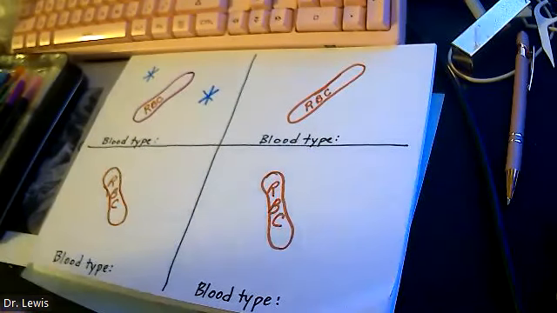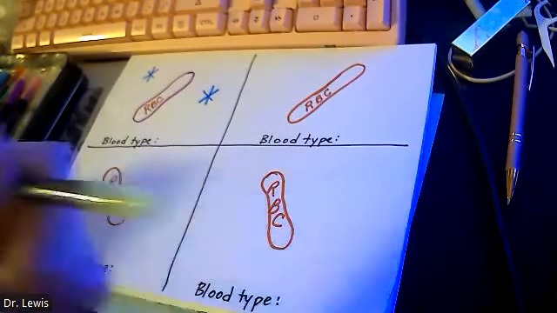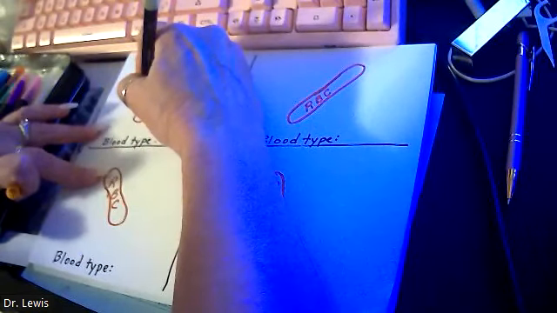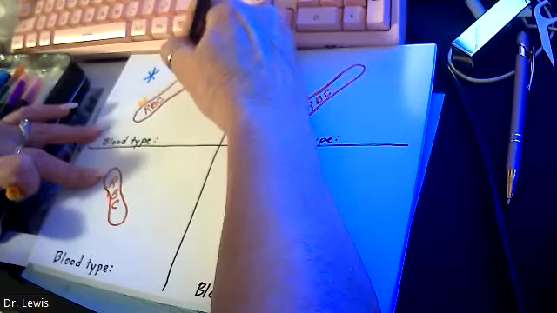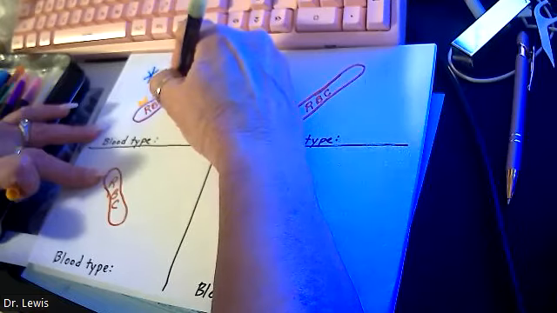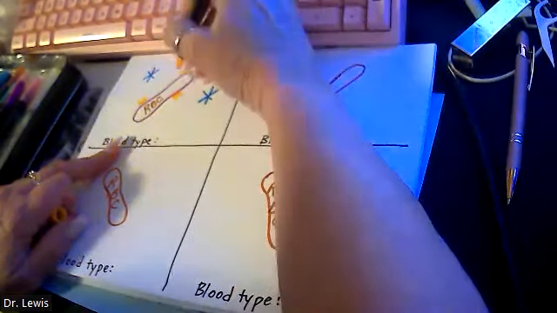On this first red blood cell, let's put some antigen A or A antigen. We'll just add a couple of those to the blood cell itself.